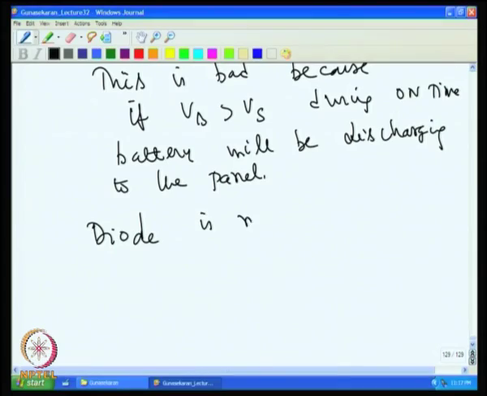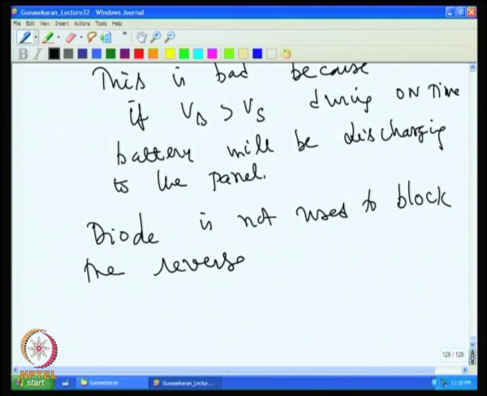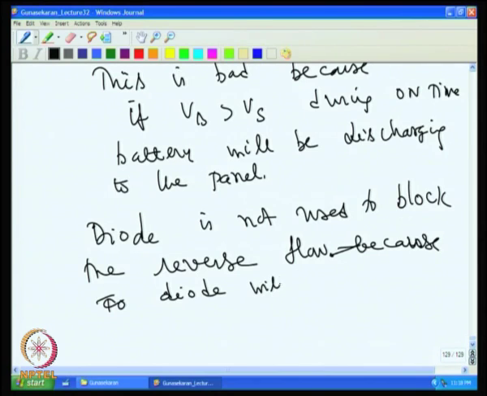It eats away about 0.4 volt even if we use a Schottky diode.